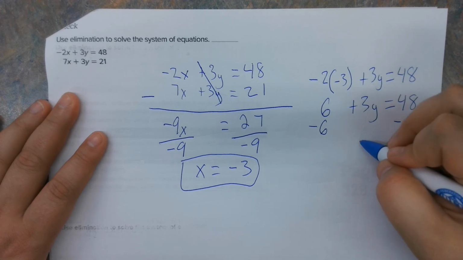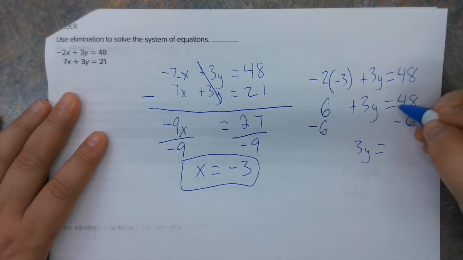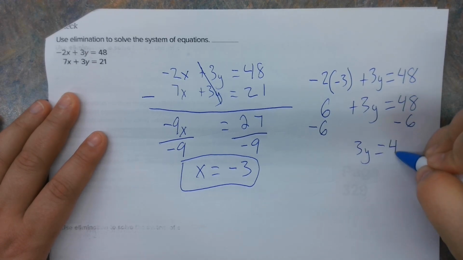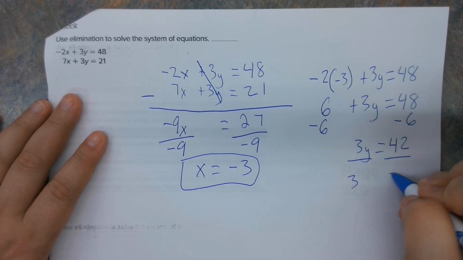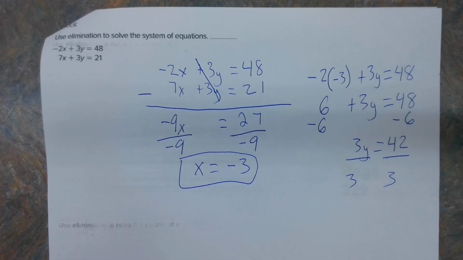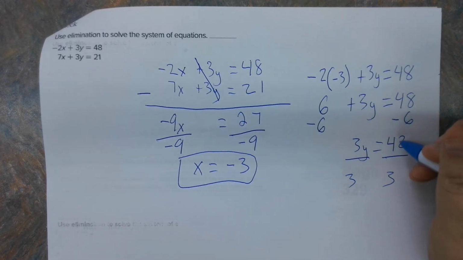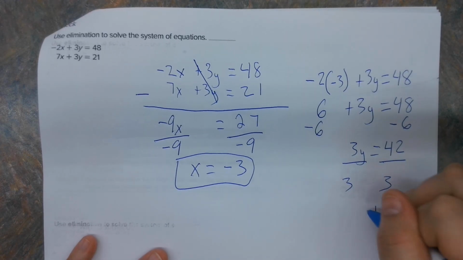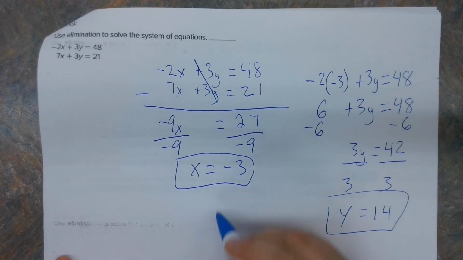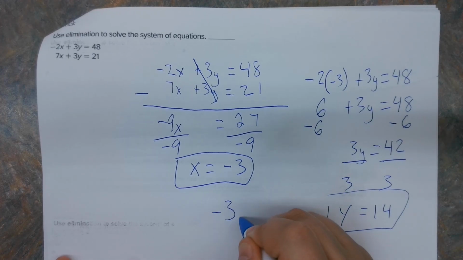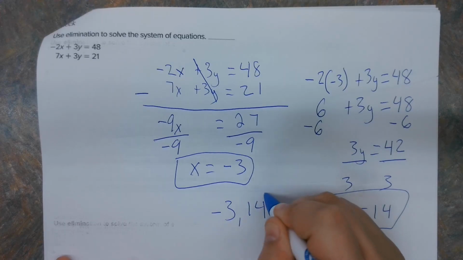So now I have 3y equals 48 minus 6 is 42. Then we're going to divide by 3. 42 divided by 3 is 14. So y equals 14. Set it up like an ordered pair. Negative 3, comma, 14.